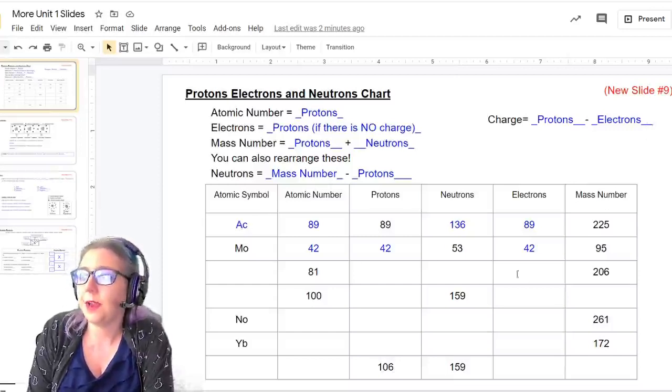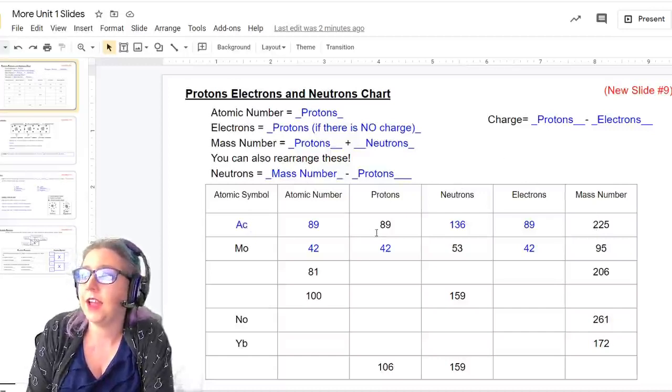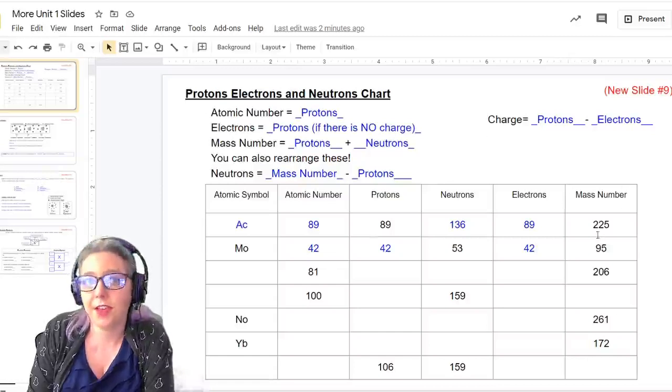So then we went through some practice slides. So this is what your homework will look like. The first original version of it. There's no charge column. So all you have to do is take the information you have to find the information you don't have. So here I have that I had 89 protons and my mass number was 225.